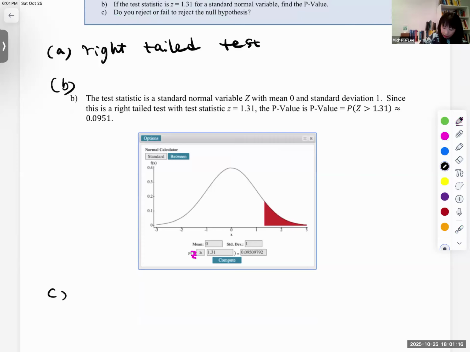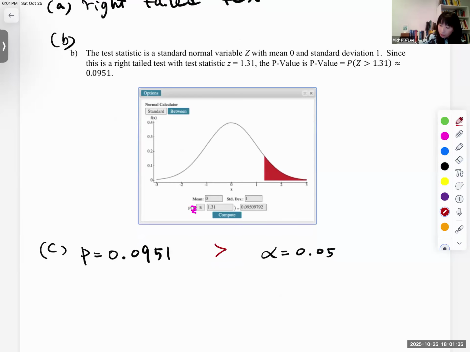So part C: P equals 0.0951, to four decimal places, and alpha equals 0.05. What do you think? It's greater. If P is less than alpha, then we reject the null. Now it's greater, so we fail to reject.